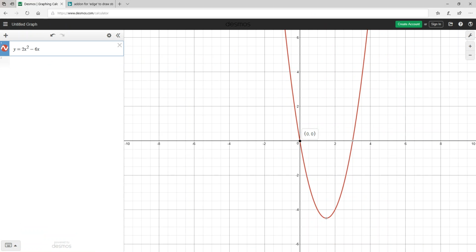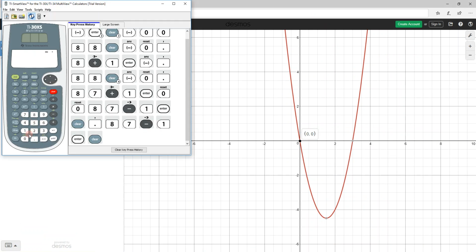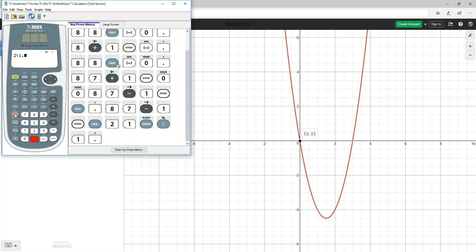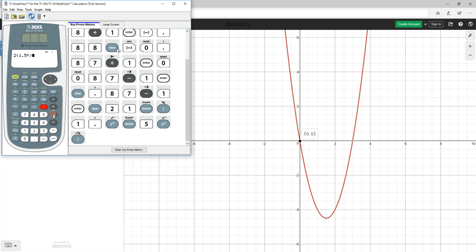Okay, so I'll put that back up in a second. I just want to put this into my calculator. So I've got 2 multiplied by 1.5 squared, minus, the equation was 6 times 1.5.